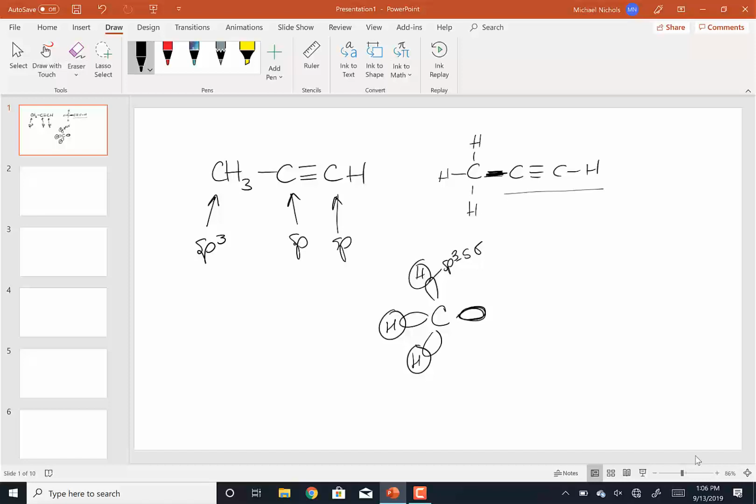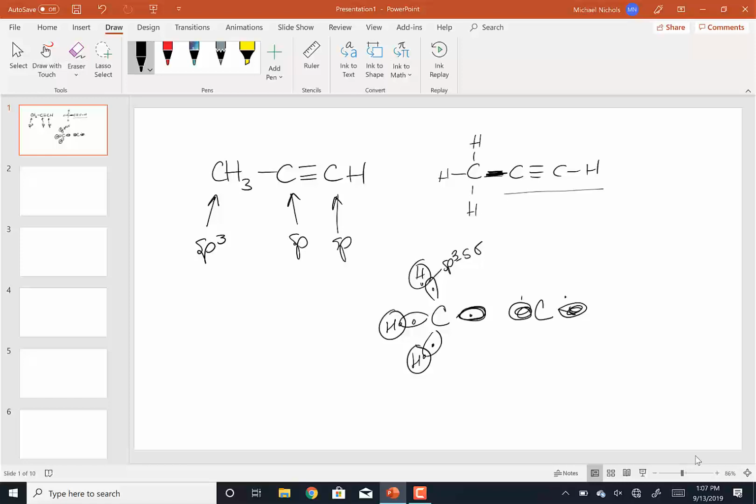Each of the carbons would have one unpaired electron in it, and then they pair up with the hydrogens, one unpaired electron in the s orbital. So that takes care of the left-hand carbon. The middle carbon is sp hybridized. So what I would do is take my carbon; here's going to be hybrid orbital 1, here's going to be hybrid orbital 2.